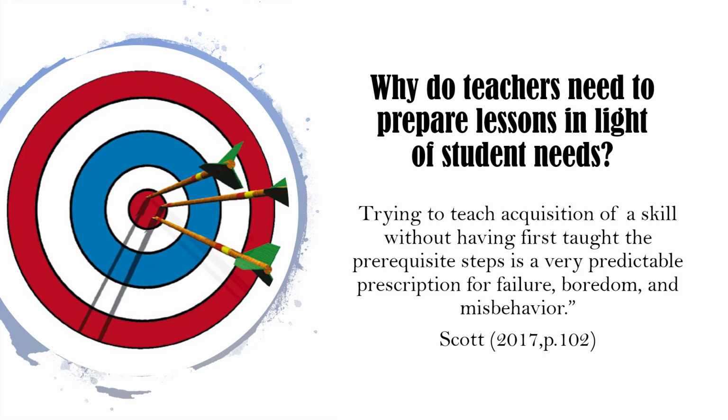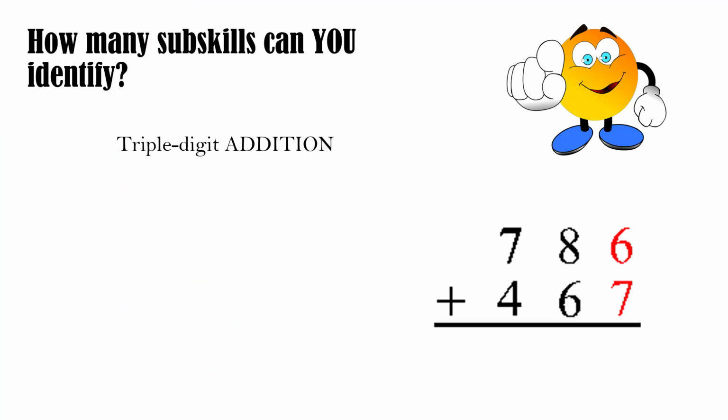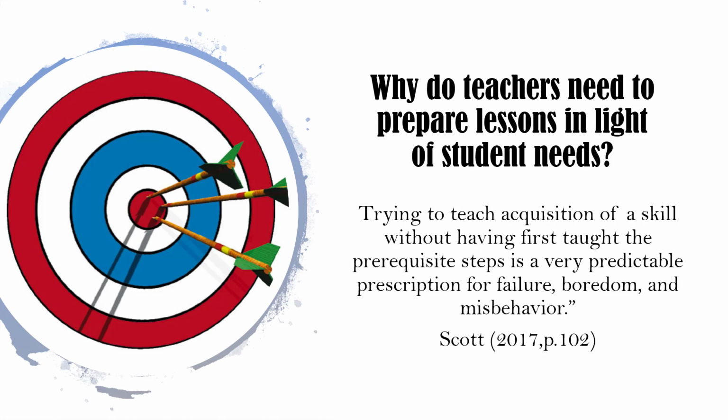When you present a complex task and that child does not have the prerequisite steps, they get bored, they start to misbehave, they think it's hard, they think it's stupid. And so you get all those things that we get in the acquisition phase. Remember, the acquisition phase is long and hard just to start off with. So ensuring that you identify prerequisite steps and you teach those prerequisite steps sets the kid up for success.